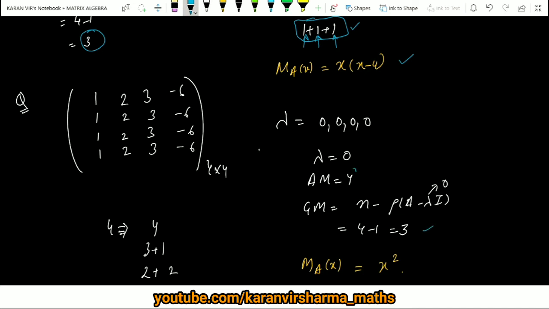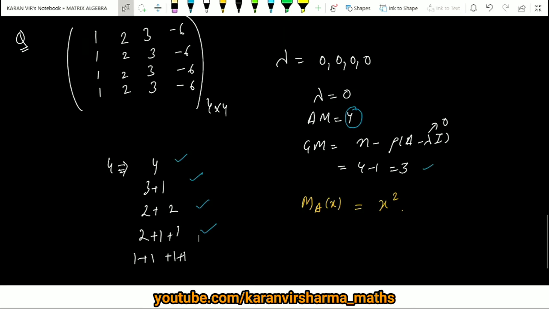We have to write all the partitions of 4. They are 4, 3 plus 1, 2 plus 2, 2 plus 1 plus 1, and 1 plus 1 plus 1 plus 1. Now look at the geometric mean. Observe where we have 3 parts. The 3 parts occur only in 2 plus 1 plus 1, and we have to choose the highest number out of these 3 entries, which is 2. So the minimal polynomial corresponding to this will be x square.